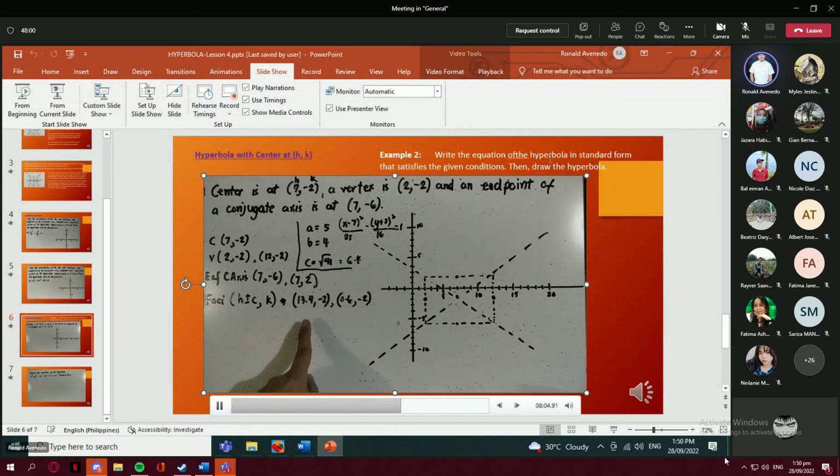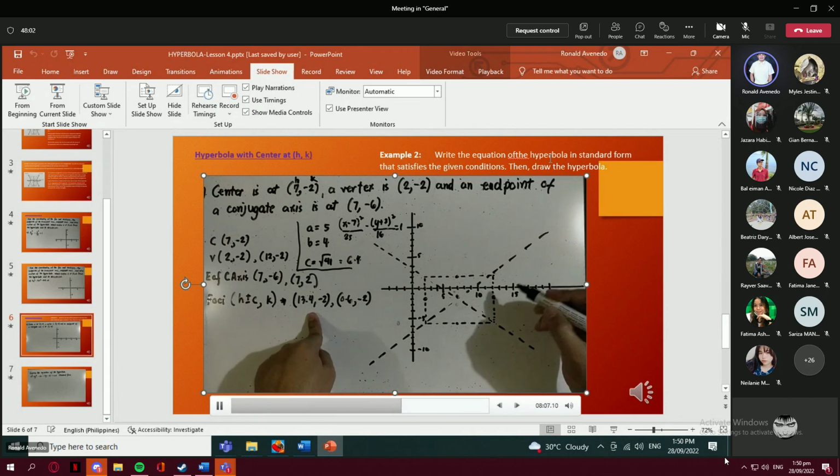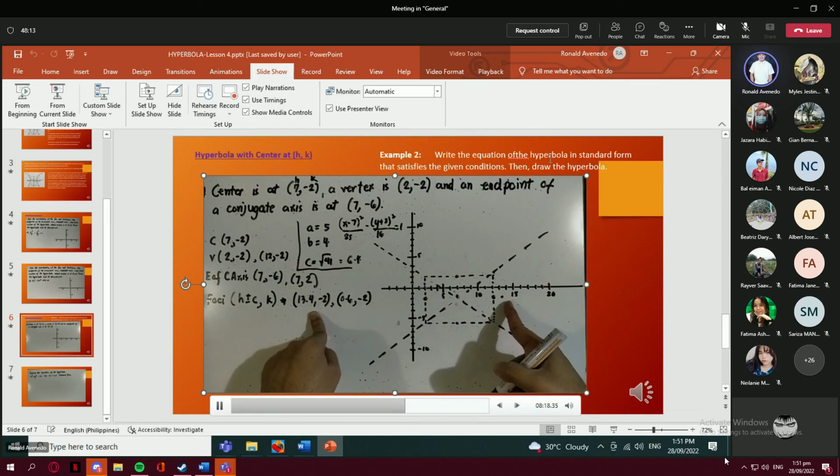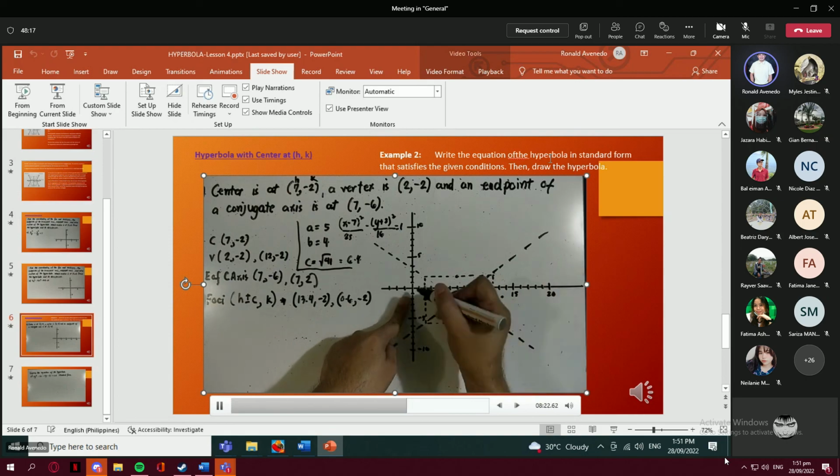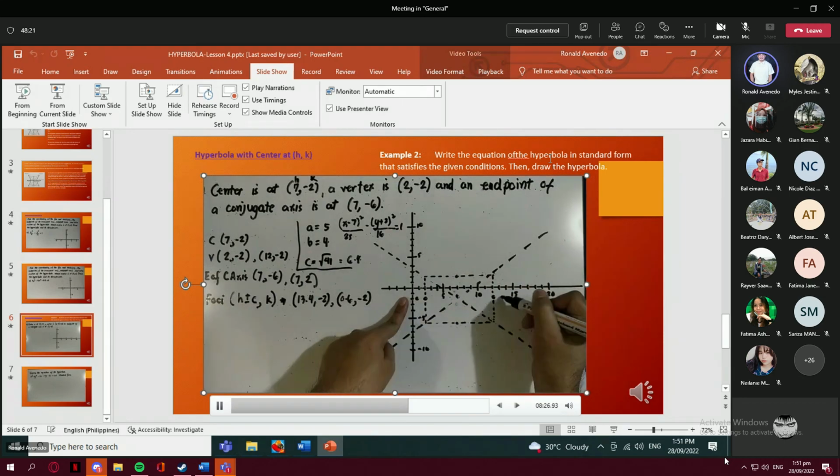So we'll plot 13.4: 11, 12, 13.4 here. Then negative 2. Then the other one is 0.6, here. Then negative 2. So these are the foci.